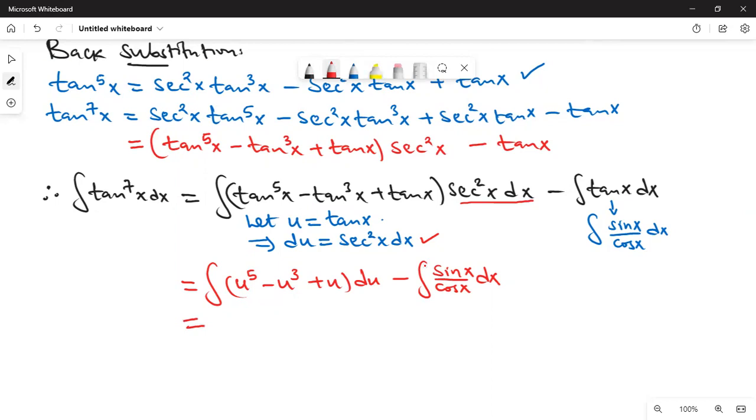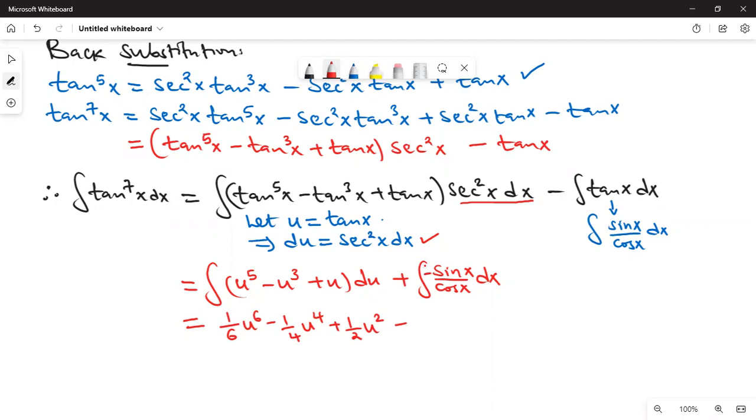In the first integral, use the power rule. So this will give us 1 over 6 u raised to 6 minus 1 over 4 u raised to 4 plus 1 over 2 u squared, minus, simply this will be a plus because I could take this, let it be positive and this is negative.